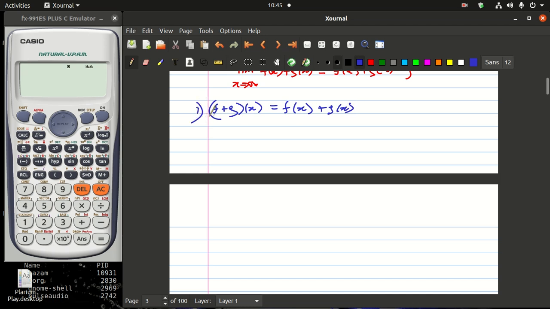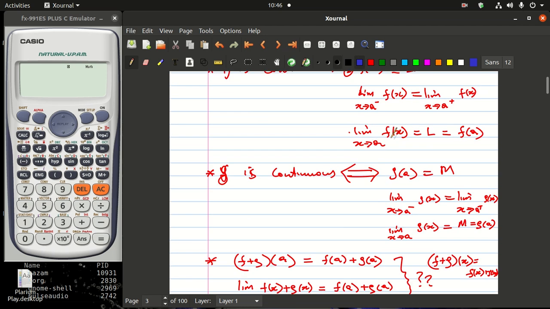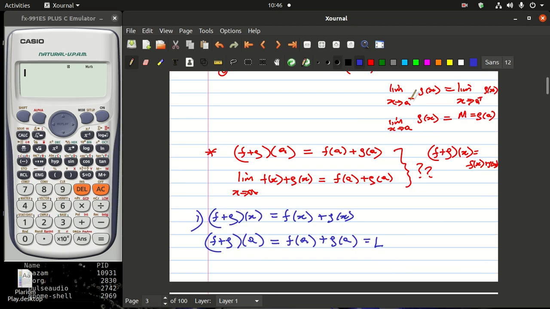And then the second thing is, if I look into f plus g of a, in the value of x I'm plugging in a, I am actually getting f of a plus g of a, and I know that my f of a, we called it L. Looking into this equation here, we said it was L.